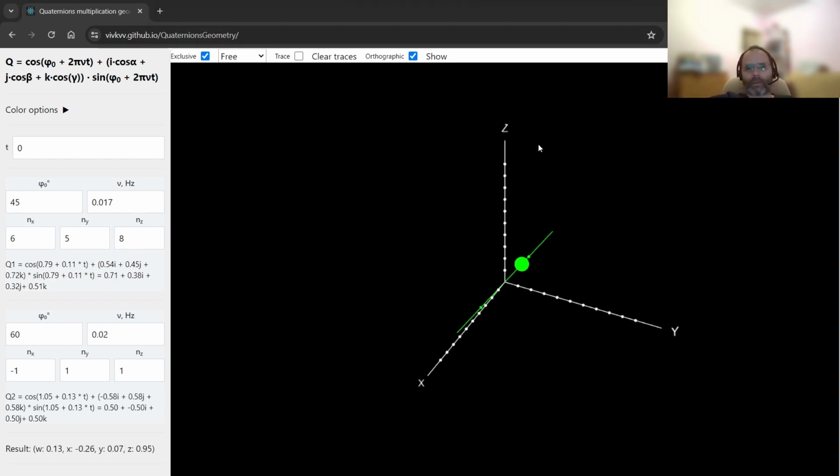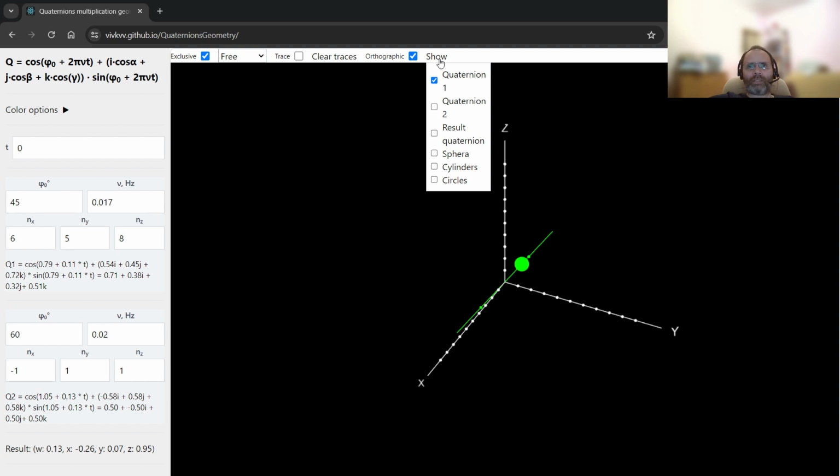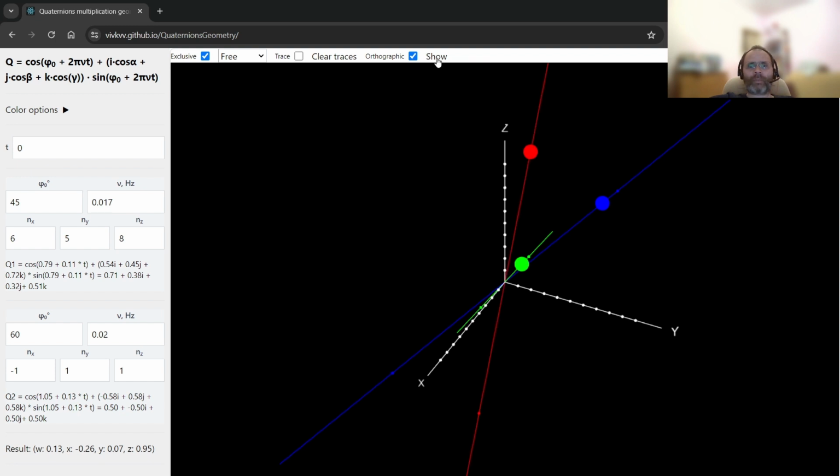So we turned off the sphere, it's not needed anymore. And now I am going to show the other two quaternions, the second and the result quaternion. And everything is exactly the same with them.